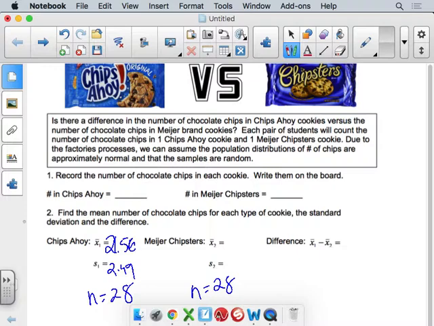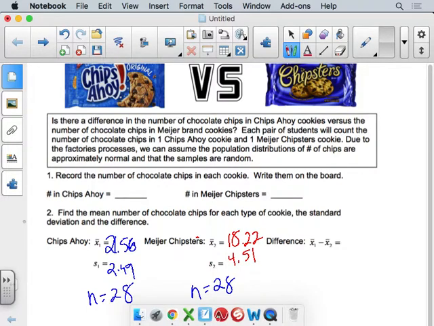And then let's say that the less known brand had 18.22 chocolate chips with the standard deviation 4.51. Okay.